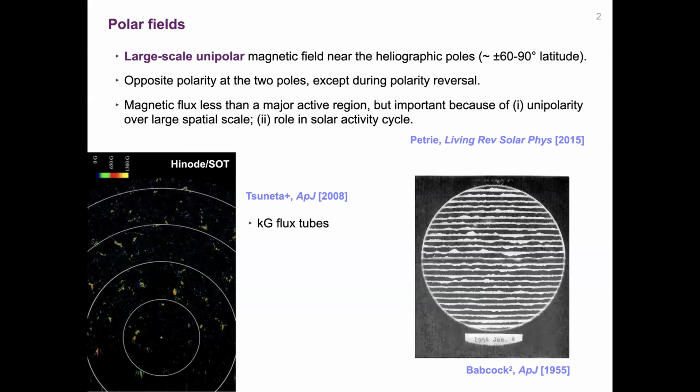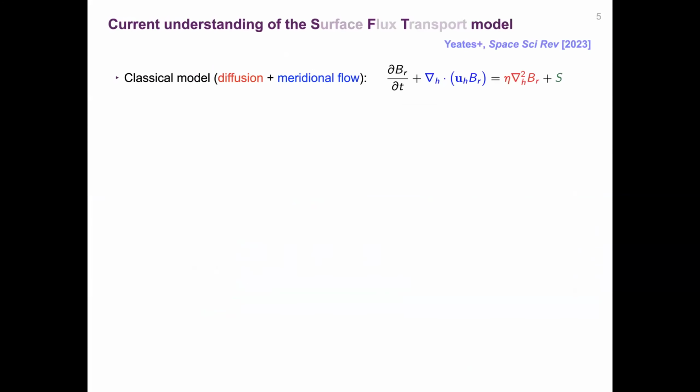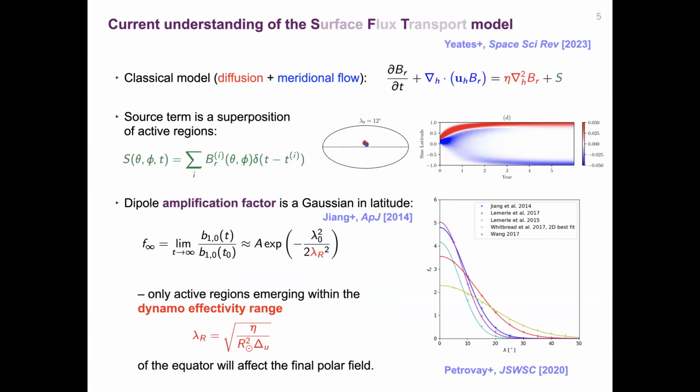Another brief point is that the effect of those rogue regions depends a lot on the meridional flow profile that you adopt. Yes. If the flow is strong at low latitudes, which is what we think, then that's going to limit the effect of the regions.